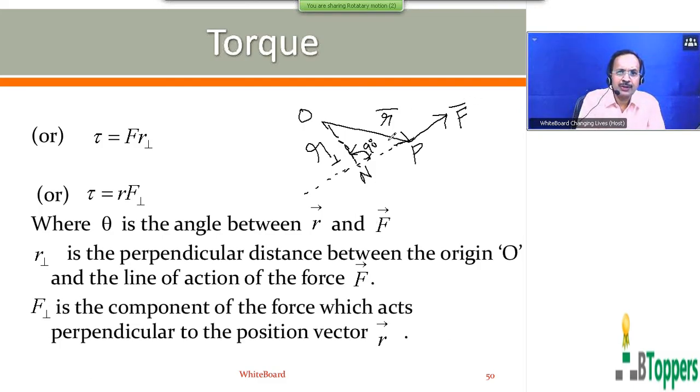We can also write the magnitude of the torque as R into F perpendicular. F perpendicular is the component of the force which acts perpendicular to the position vector R bar. That means we can resolve the force F bar into rectangular components in the directions parallel to and perpendicular to R bar.